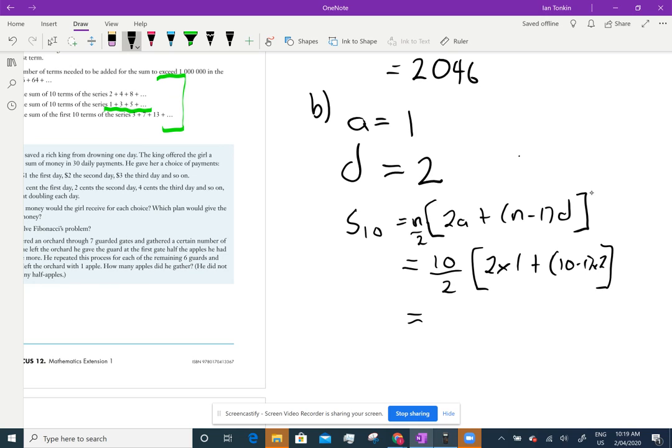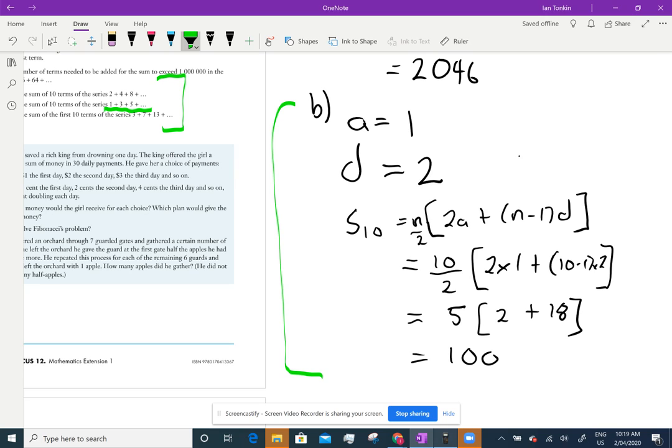Now I can put that all in my calculator, but let's be a bit smarter. 5 times (2 plus 9 times 2, 18) is going to be 20. 5 20s. Halve it and add a 0, 100. So that's it. That's why I think some people found this difficult, because they've hidden an arithmetic series in a geometric exercise. But you've got to be wise enough to pick that.